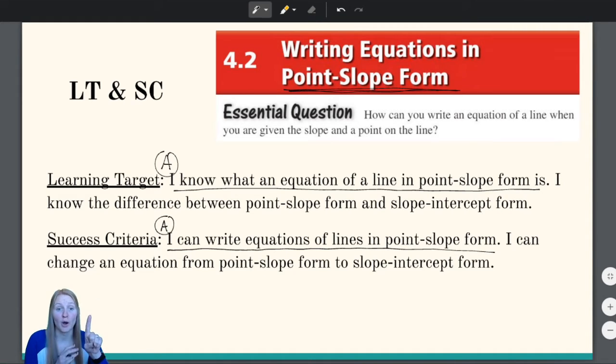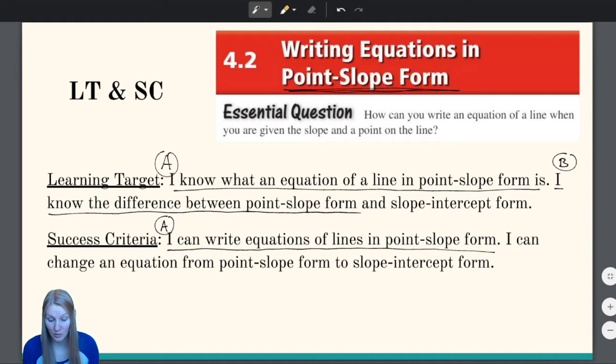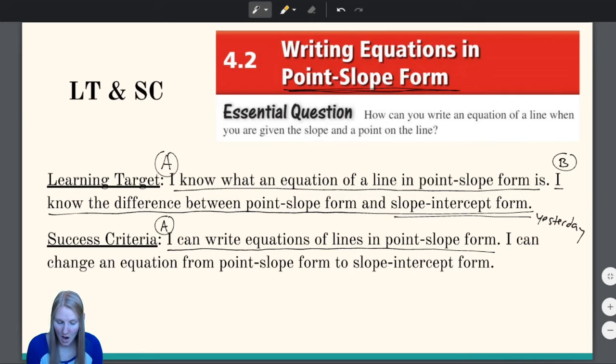Okay, and part B is I know the difference between point slope form and slope-intercept form. So slope-intercept form was yesterday or last video.